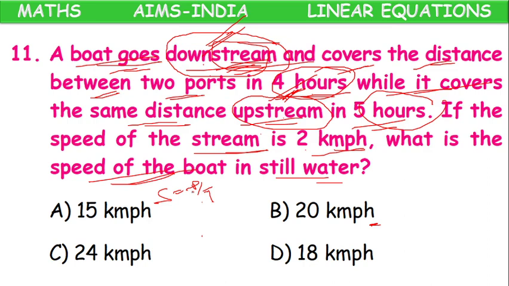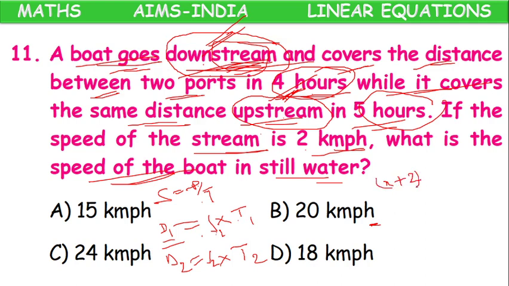So our distance equals speed into time. Distance 1 equals speed 1 into time 1. Distance 2 equals speed 2 into time 2. But distance 1 and distance 2 both are equal. So speed 1 into time 1. What is speed 1? Downstream, means x plus 2, into 4 hours, equals distance 2, means speed 2 upstream, x minus 2, into what is the time taken?